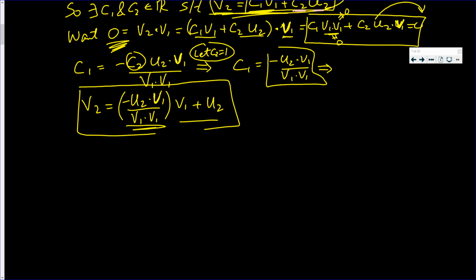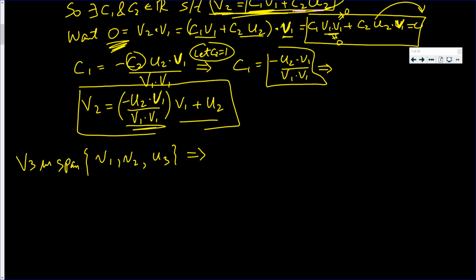Okay. So now we have V1 and V2 orthogonal. This is great. So V1, V2, and let's throw on U3. We want V3 in the span of that set.